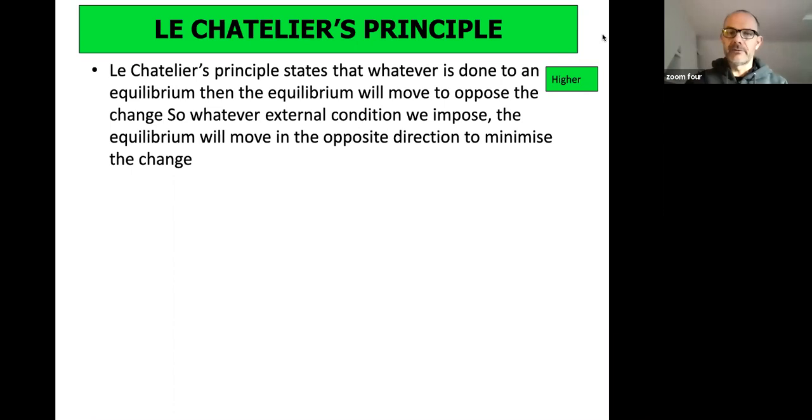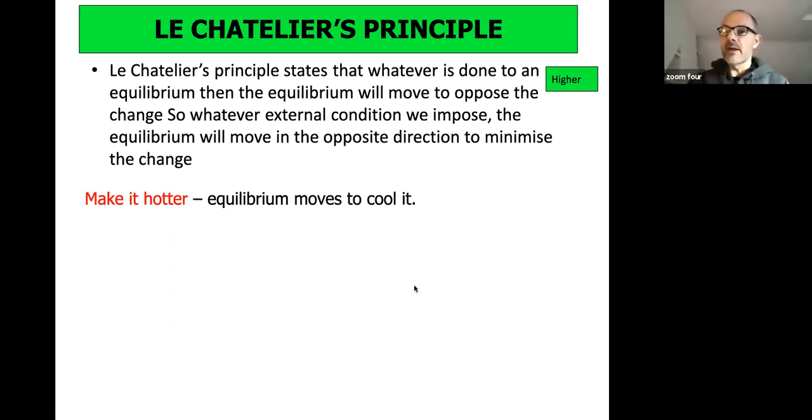And what he said was, whatever you do to an equilibrium, the equilibrium will try and stop that from happening. Whatever you do to an equilibrium by imposing a condition. So if you heat it up, it will try and cool down. If you cool it down, it will try and heat up. It will always try and stop you doing what you're doing.